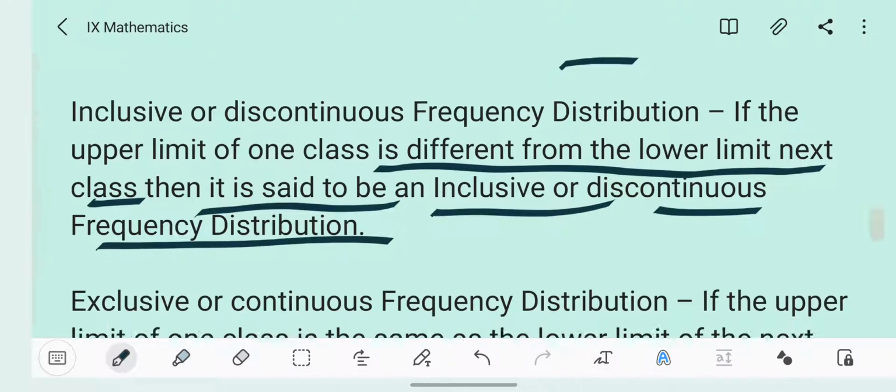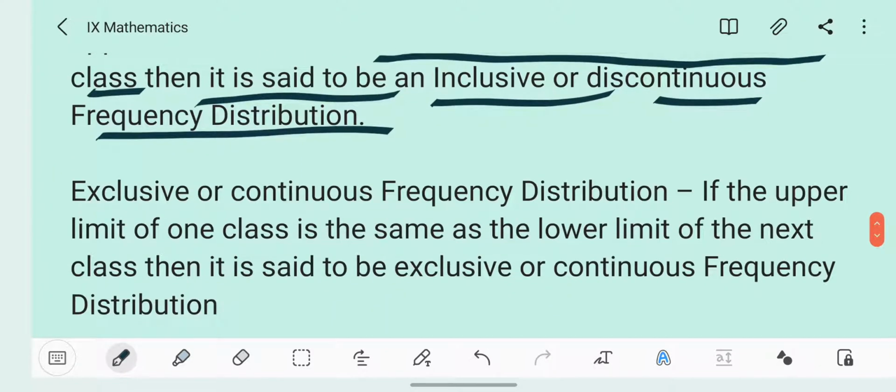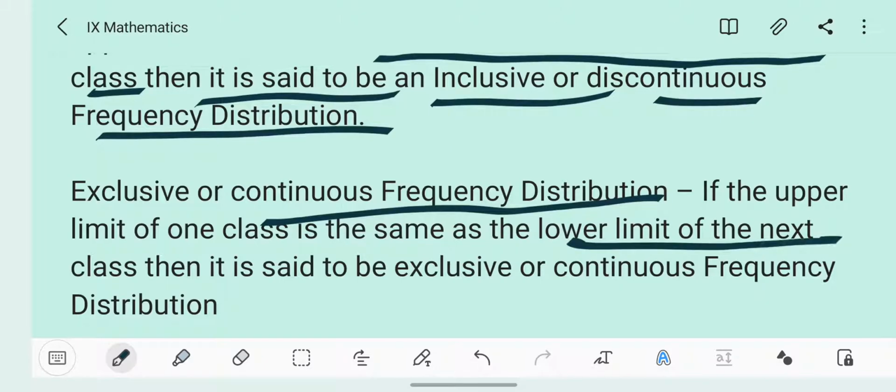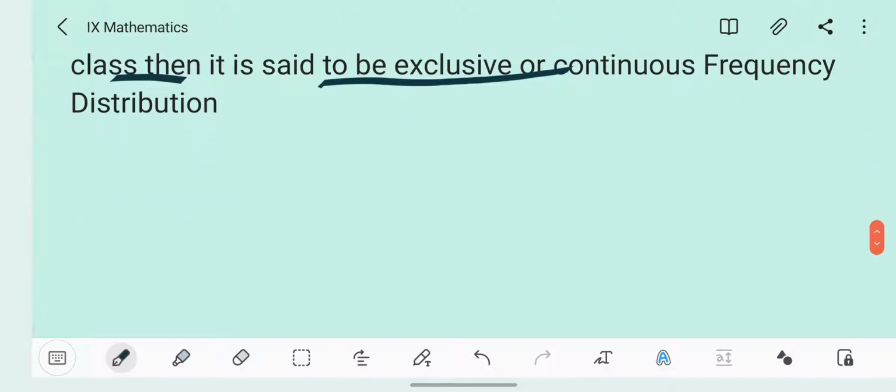For exclusive or continuous frequency distribution, the upper limit value is not included in that class interval. If the upper limit of one class is the same as the lower limit of the next class, then it is said to be exclusive or continuous frequency distribution.